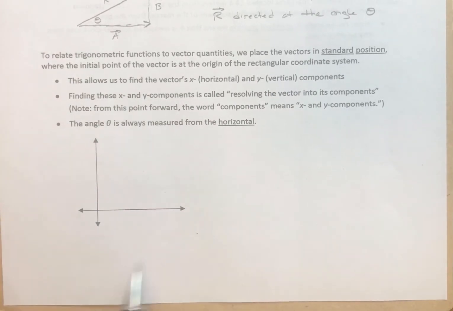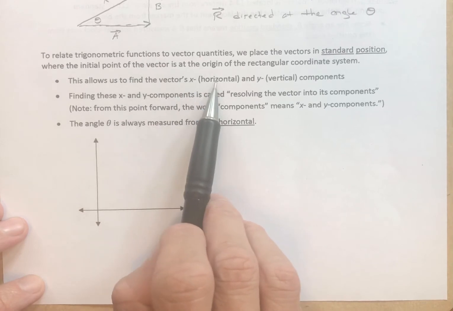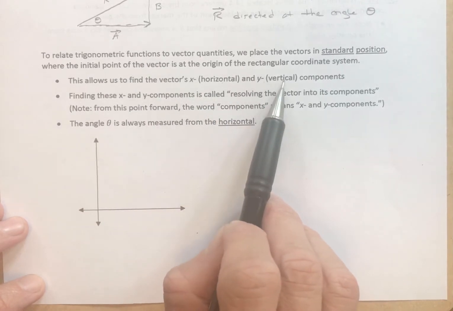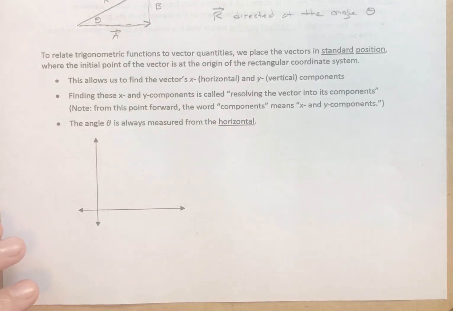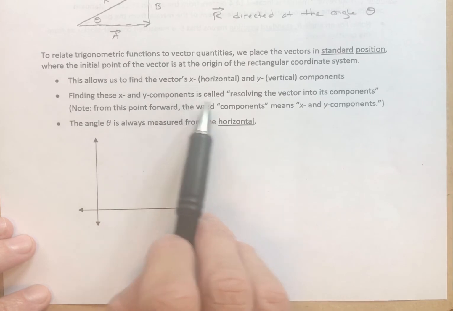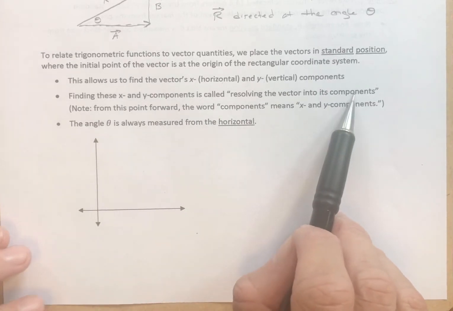Okay, so I have a rectangular coordinate system, and we'll have the initial point of every vector at the origin right here. Okay, this allows us to find the vectors x, which is the horizontal, and y, which is the vertical components. Okay, finding these x and y components is called resolving the vector into its components.